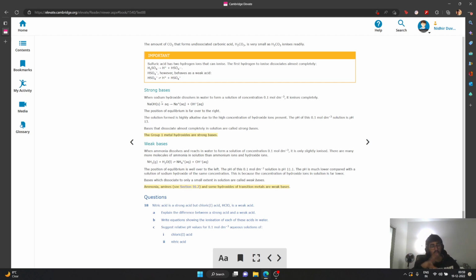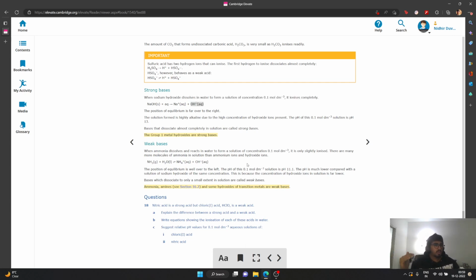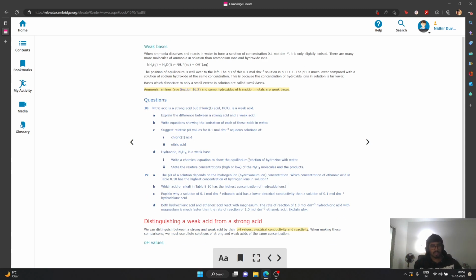That means all of that base has dissociated. So if it has given you the same concentration, that means it has a pH of 14, which is the other side of the spectrum. For weaker bases, it will not dissociate fully, so the pH will be a little less, maybe 12 or 10 or something like this. So you need to remember this.